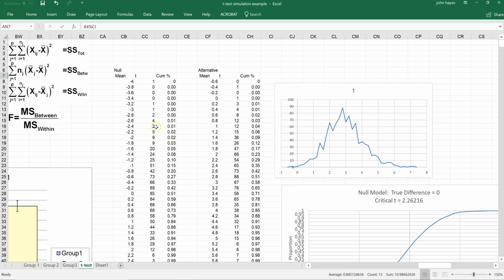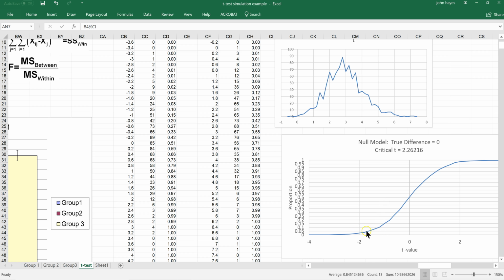So we have 1, 2, 3, 5, 9, 11. 11 out of 1,000 values on the left-hand side of the curve are wrong. These are type 1 errors, alpha errors, and they're to the left. We would reject the null hypothesis when we shouldn't.